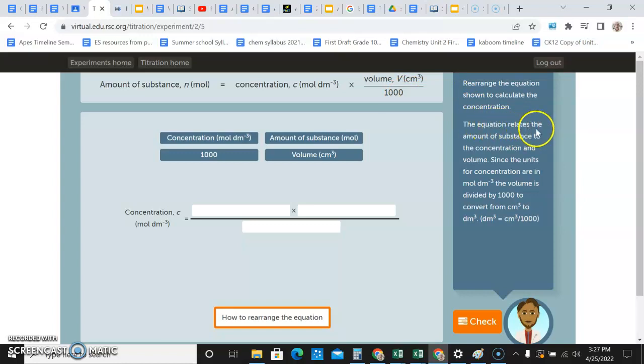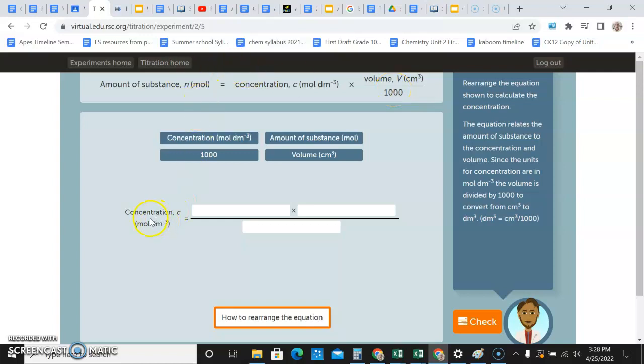The equation relates the amount of substance to the concentration and volume. Since the units for concentration are in moles per decimeter cubed, this is actually moles per liter. The volume is divided by 1,000 to convert from centimeters cubed to decimeters cubed. Oh, yeah. You should have told us by writing the units on the number. Okay, amount of substance is equal to concentration multiplied by the volume divided by the conversion factor.